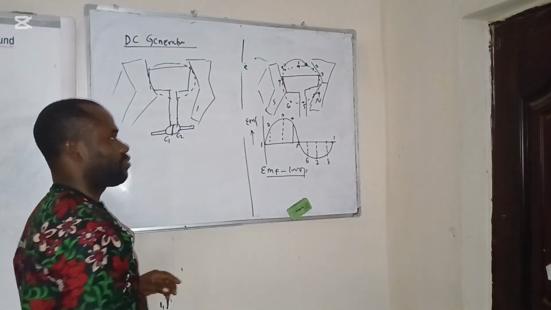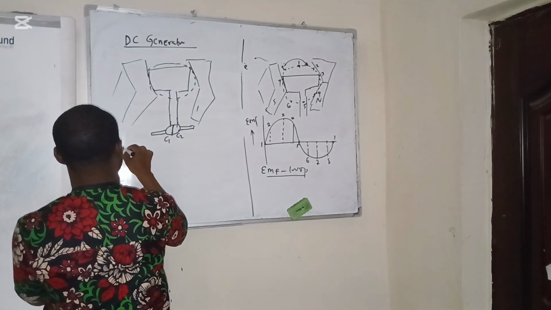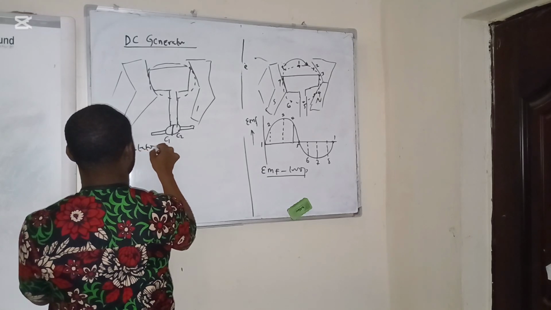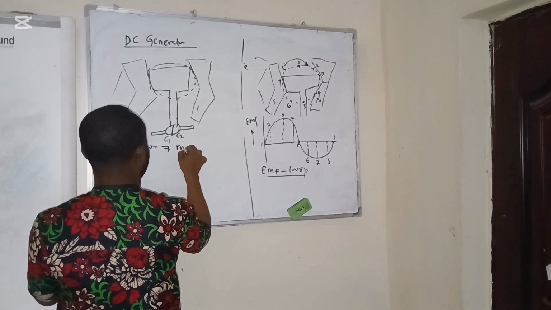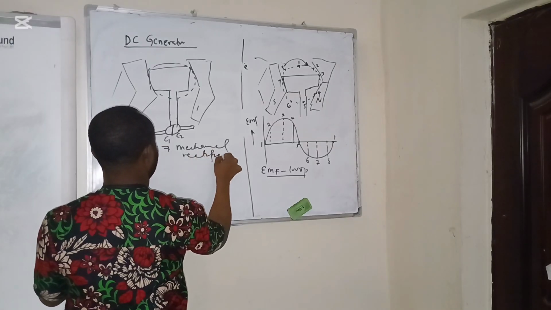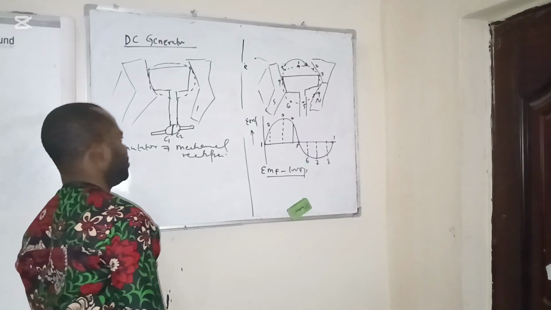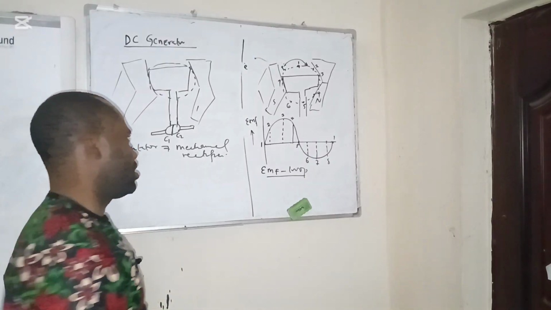With the help of the commutator, which we call a mechanical rectifier, the conversion from AC to DC signal takes place.